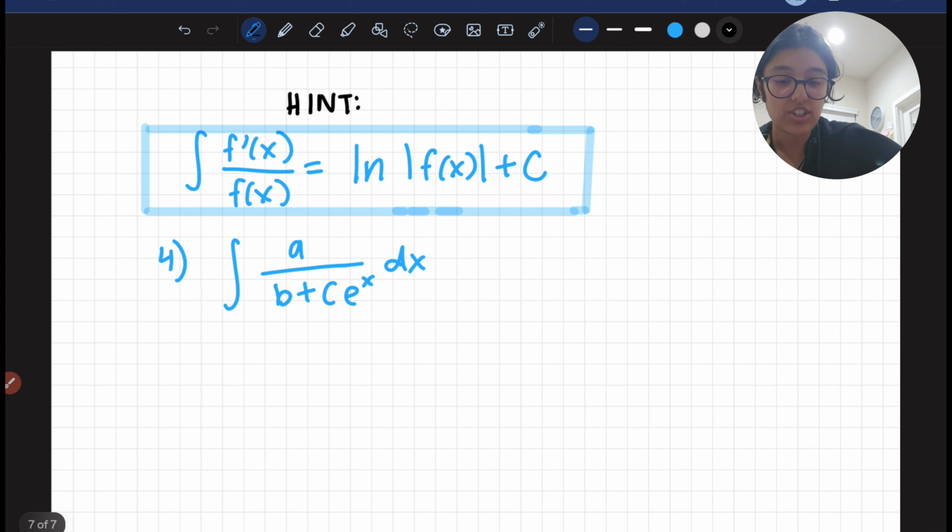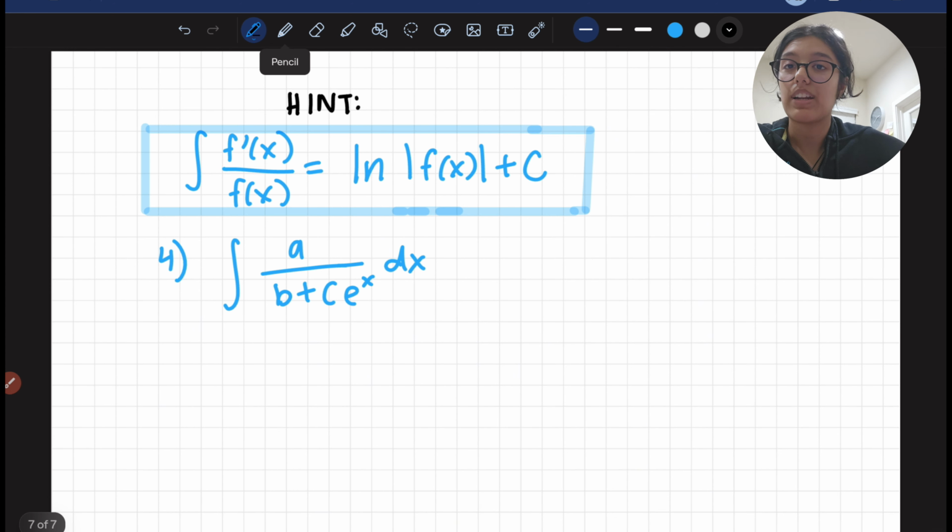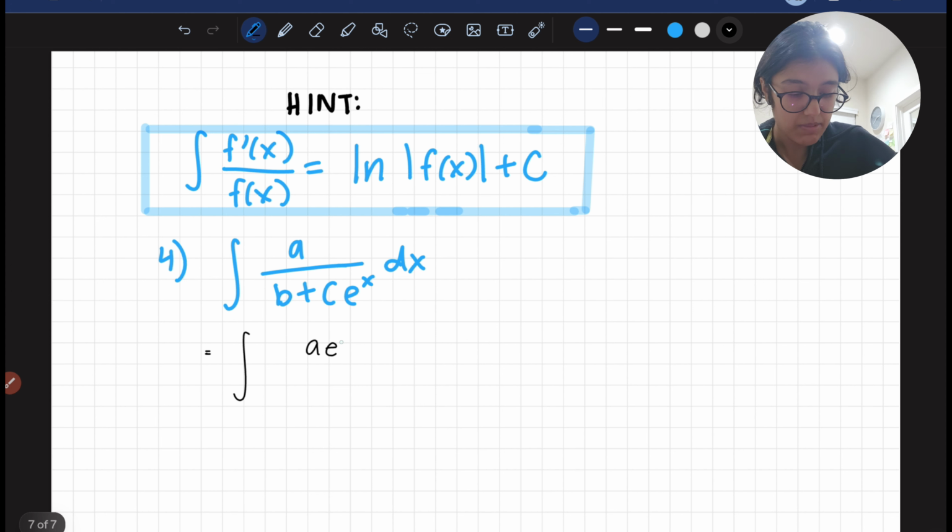Rather, let's actually divide the top and the bottom by e to the power of minus x, and you'll see why in a moment. So we have integration of a times e to the power of minus x over b e to the power of minus x plus c dx.